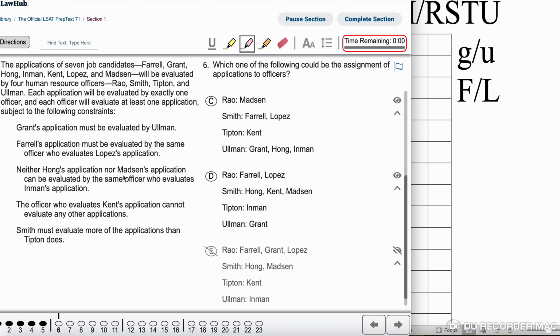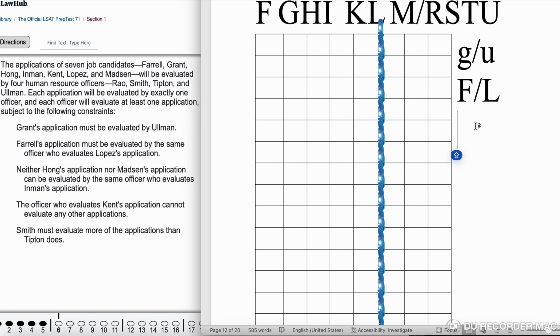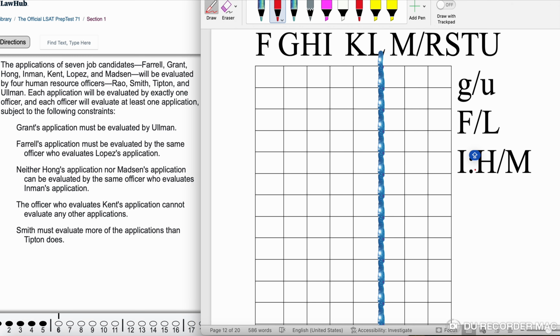Neither H's application nor M's application can be evaluated by the same officer who evaluates I. So H, M cannot be evaluated by the same officer who evaluates I. So I'm going to cross this out, which means that it cannot be evaluated.